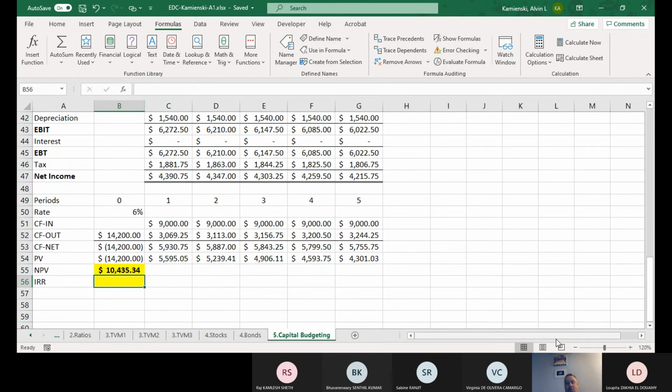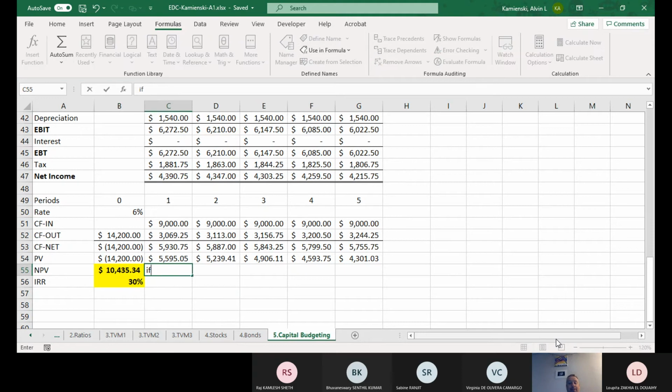The last thing that we want to look at then is what's called the IRR. And what's nice about this is a very simple formula called equals IRR, where we go ahead and put a parentheses and it just says, what are the values you want me to calculate? And the values that you're going to use are the cash flows net. So when we use the cash flows net and calculate for the IRR, we get an IRR that's pretty massive at 30%.